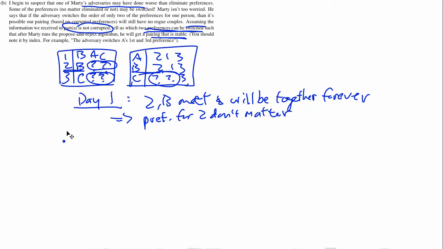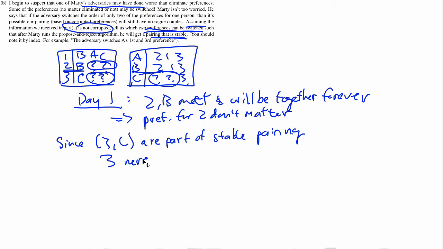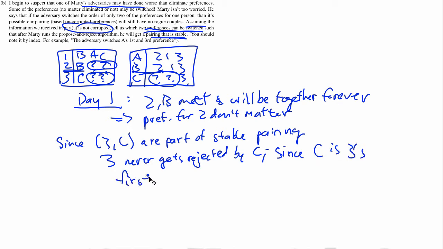We also notice that since 3 and C are part of a stable pairing, 3 never gets rejected by C. And since C is 3's first choice, we know that 3 never has to propose to anyone else.